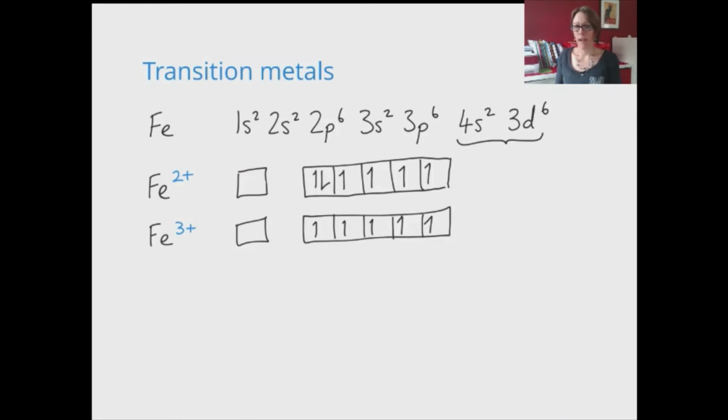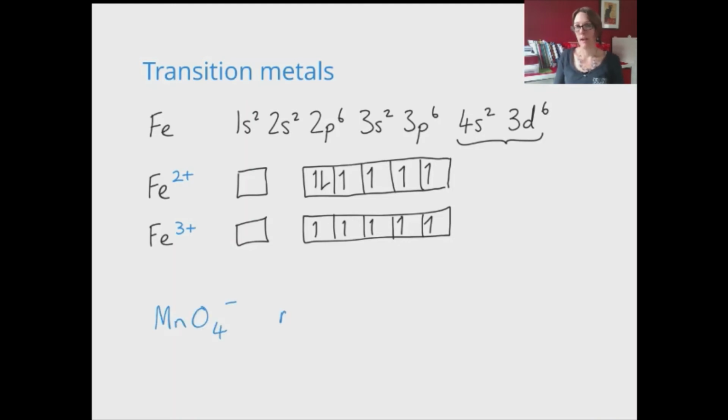So any time that you see transition metals with much higher oxidation states, such as 6 or 7, we're actually not looking at losing 6 or 7 electrons. That would be a ridiculous amount of ionization energy. What is actually happening in transition metals that have oxidation states of +6, +7, or perhaps +5 is the same as what is happening with our halogens when they have high oxidation states.